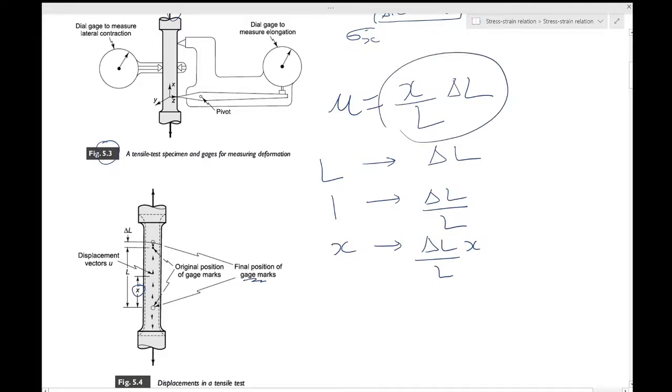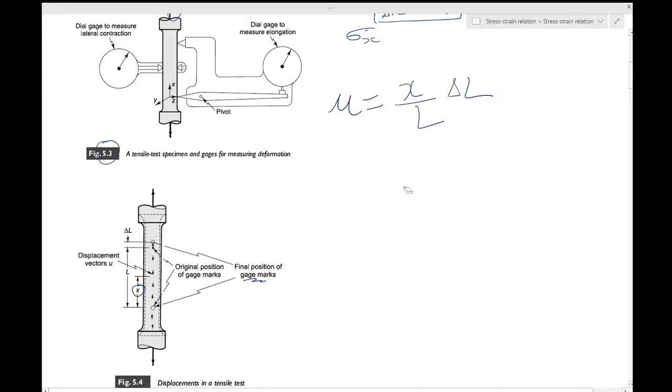It's just like applying the unitary method which you may have learned in your earlier education. It's the exact same idea.